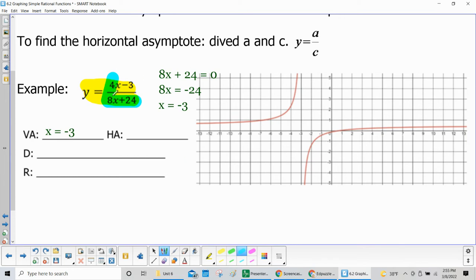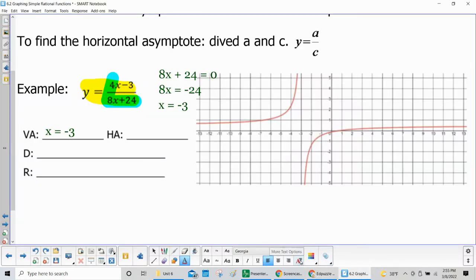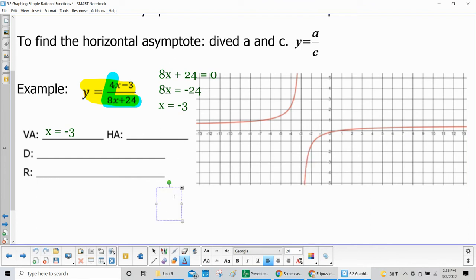So this vertical asymptote would be from 4x divided by 8x. So my y value would be, I'm going to write it down here.